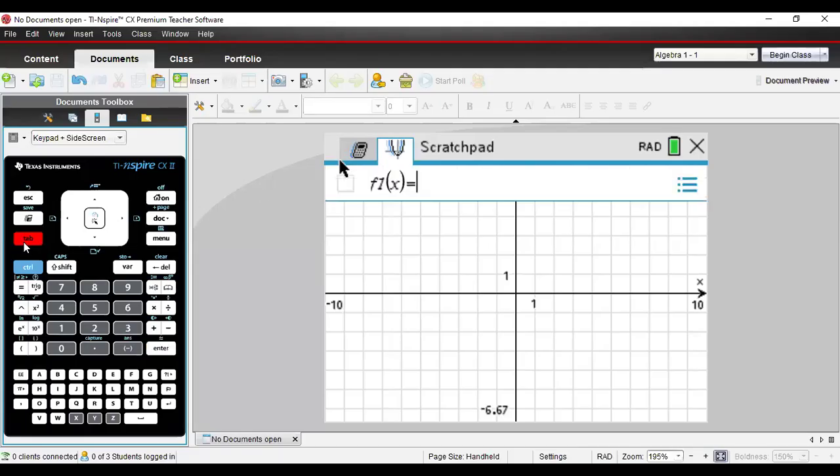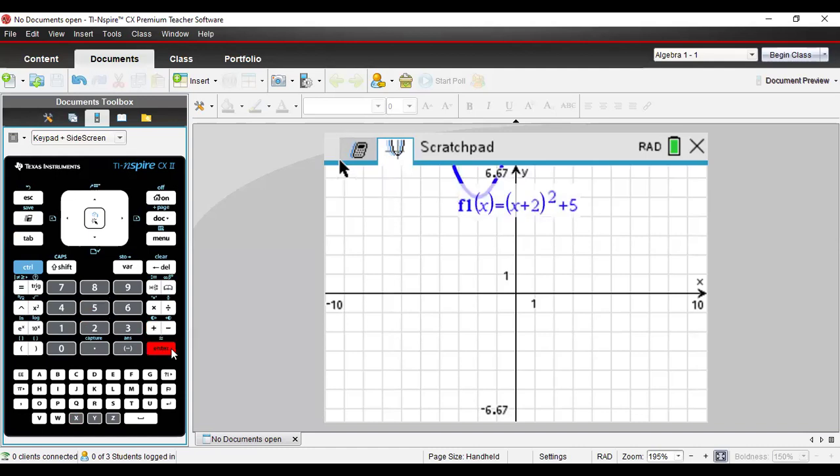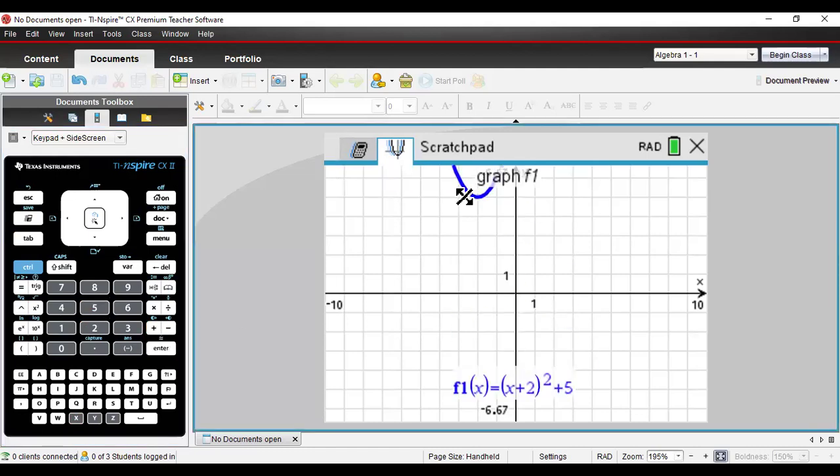So it is parentheses x plus 2, and then we square it, and then we go plus 5, press enter. All right, so there is the quadratic.